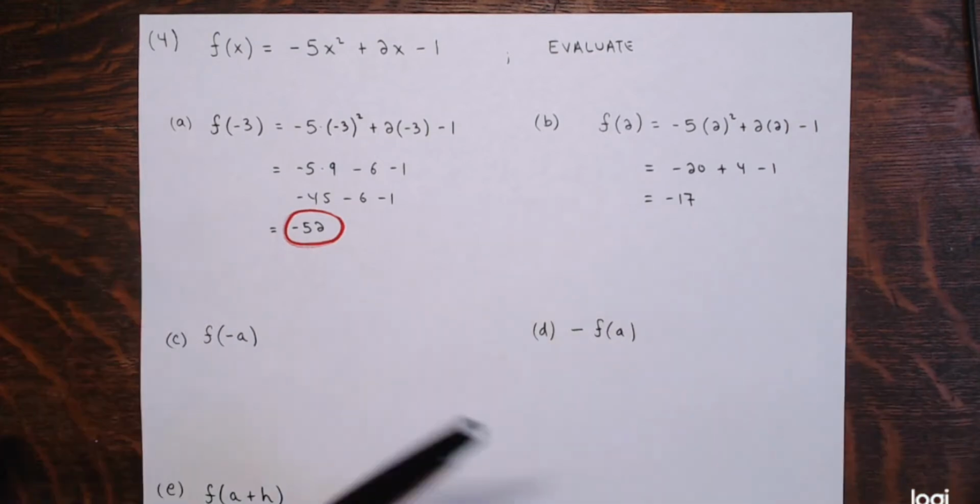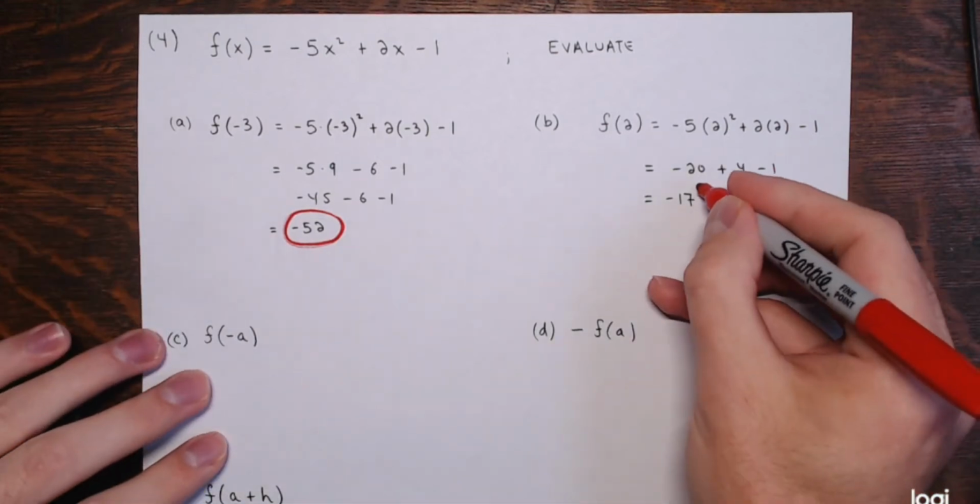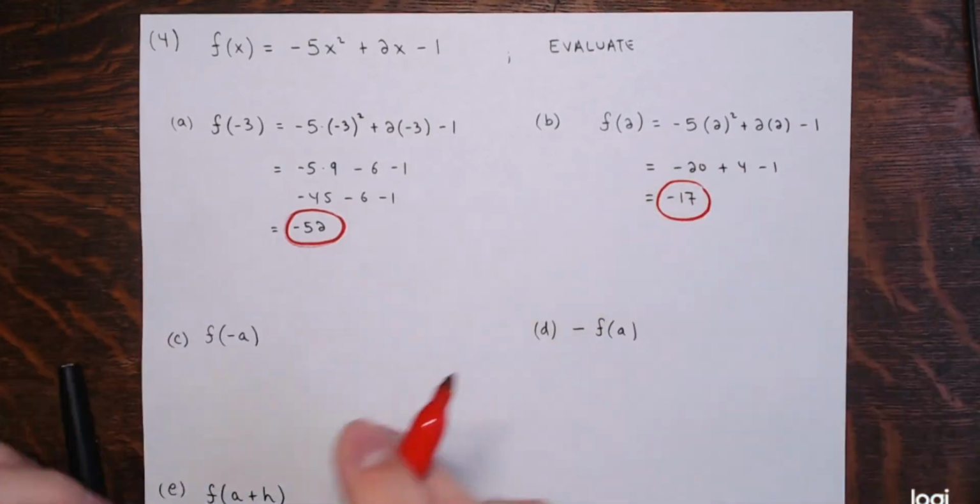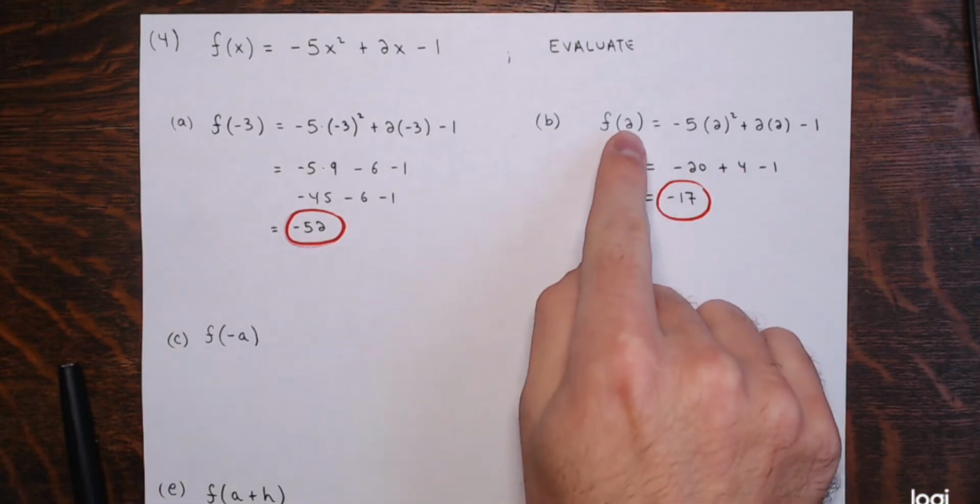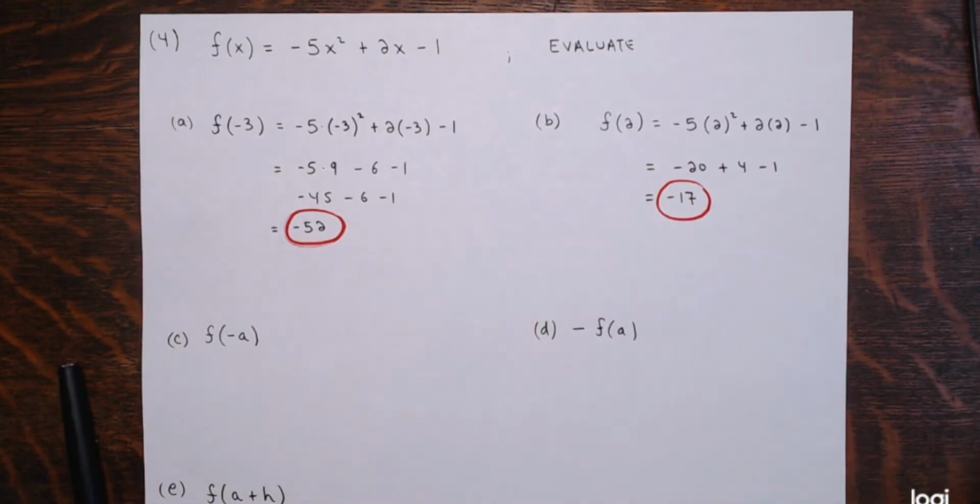And that's all they wanted, right? What's the output when the input is 2? So the ordered pair 2 comma negative 17 should be on the graph, and let's see that.